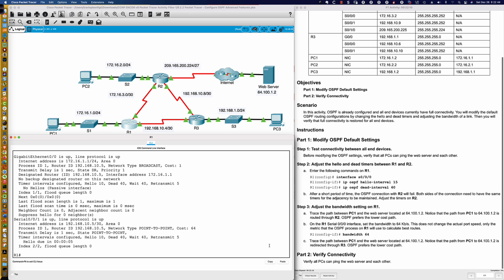Now, I know what you're probably thinking, because years ago, this is what I used to think. Well, what if I'm worried that the adjacency goes down, but I don't recognize that it's gone down fast enough, right? Because think about this.